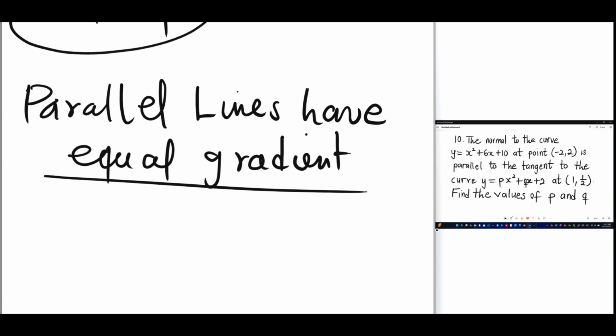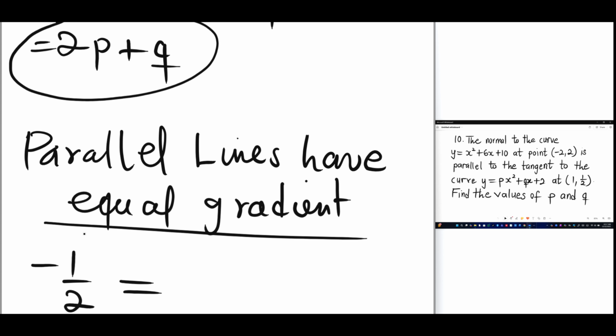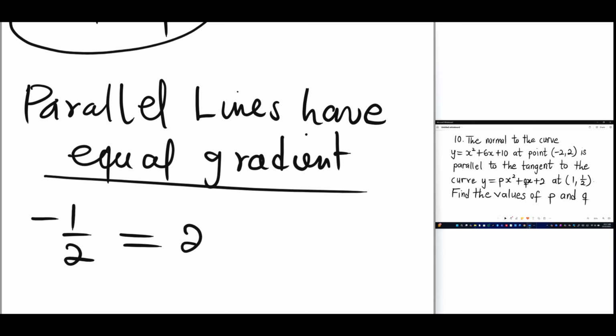So the gradient of the normal is negative half, and it must be equal to the gradient of the tangent, which is 2p plus q.